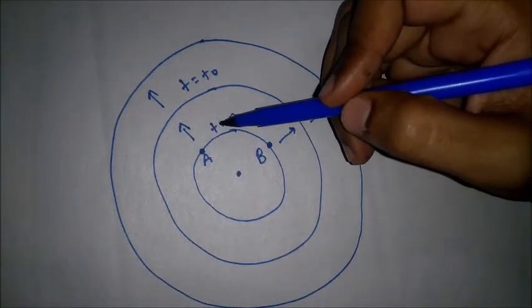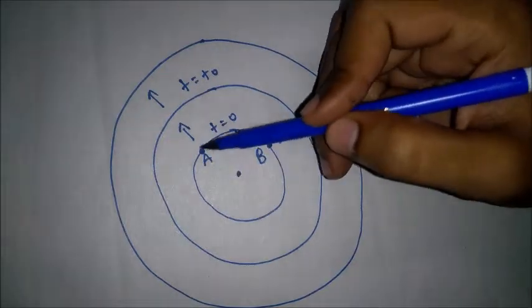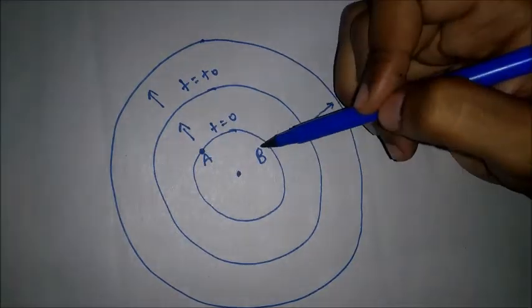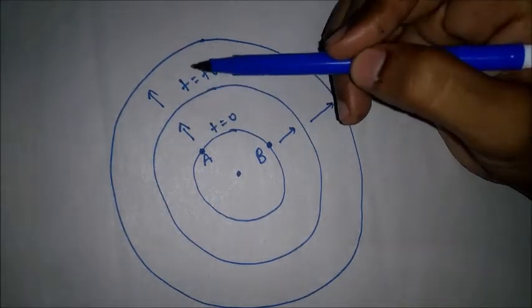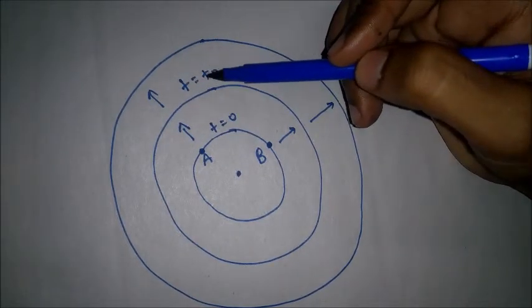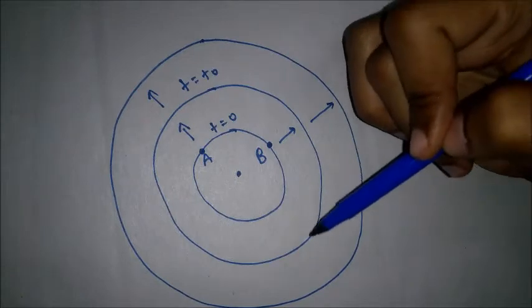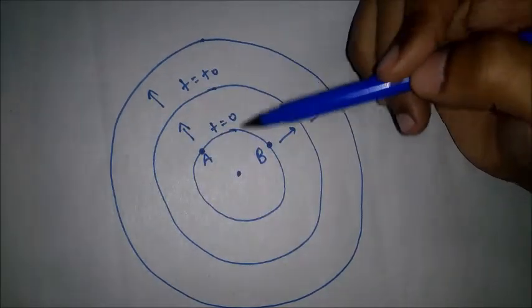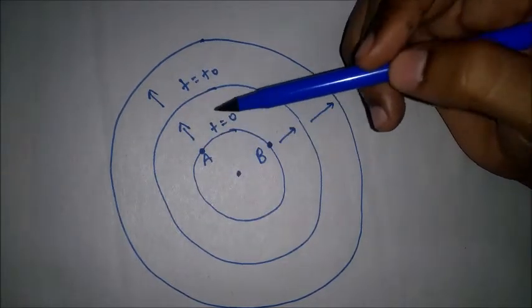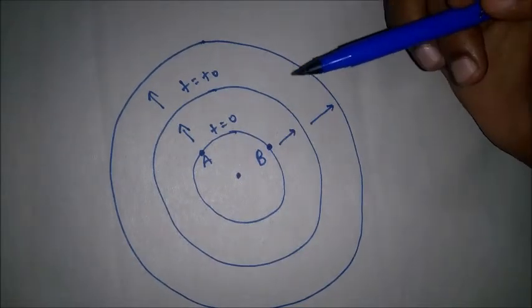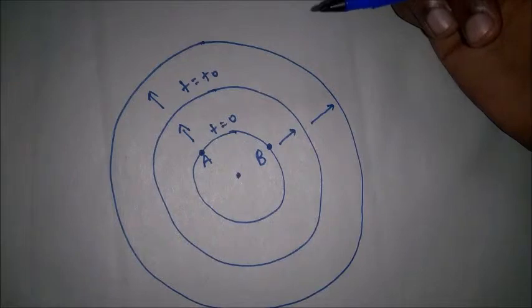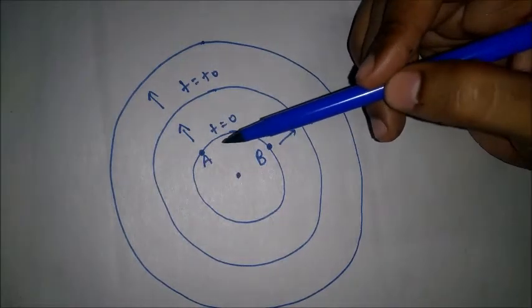Suppose at time t equals 0, this is the ripple which is formed. The points A and B on this wave have a tendency to move outwards. At time t equals t naught, they will have formed a bigger ripple which will have a common center, which means the points A and B have the same velocity, that they are in phase.